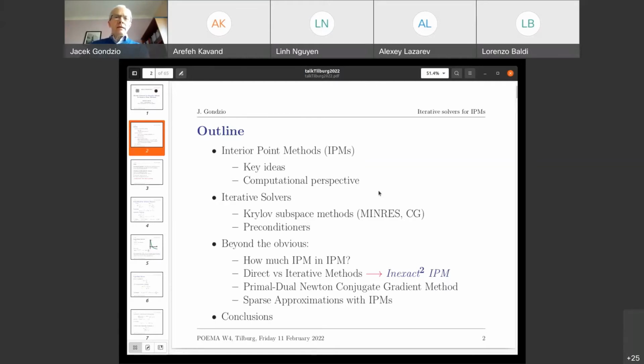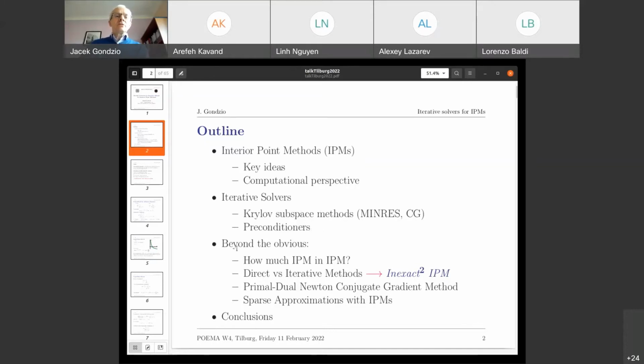But I somehow insist on reviewing a few of the main building blocks of it, and I would like to give you a computational perspective, because this would then allow me to move on to the big item 2, which will concentrate on the use of Krylov subspace methods and design of preconditioners for such methods.